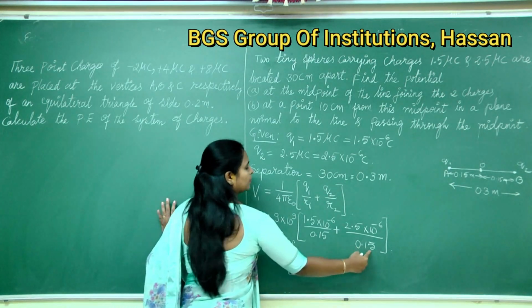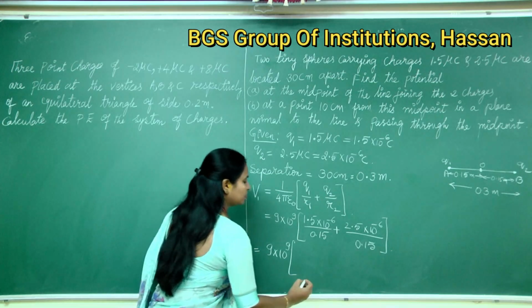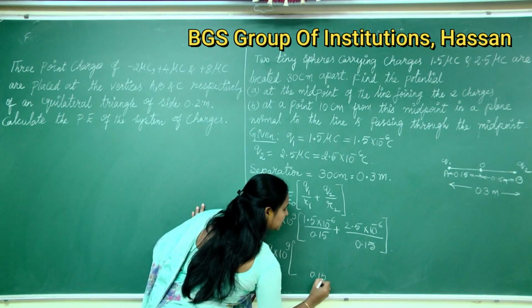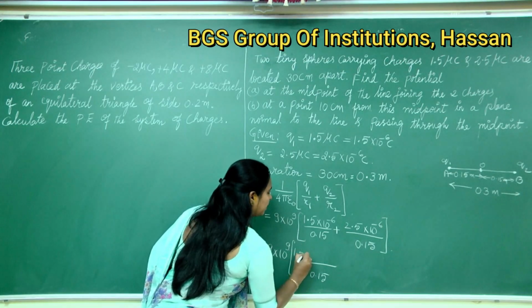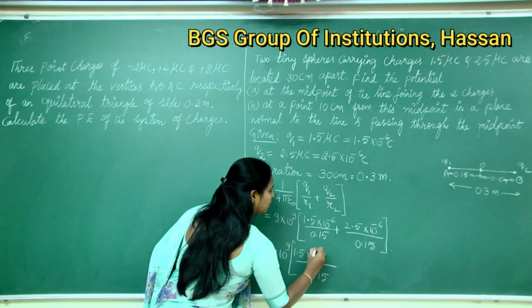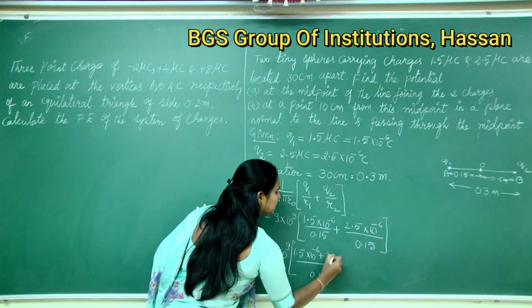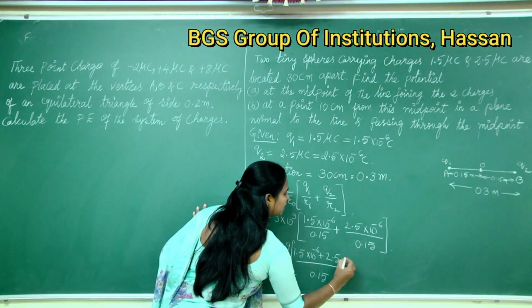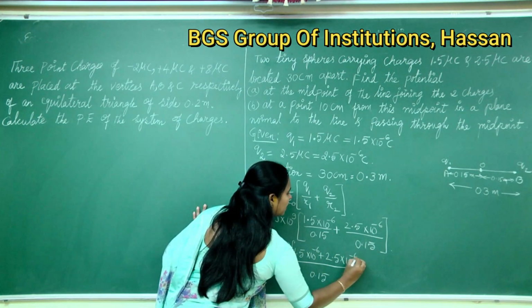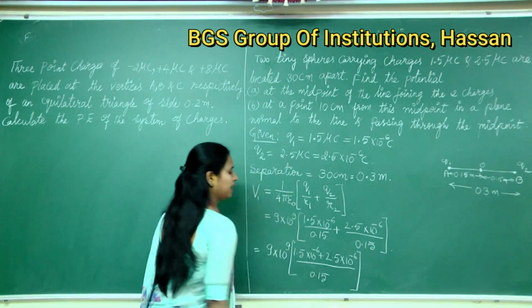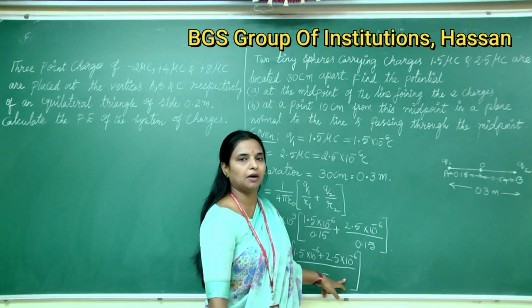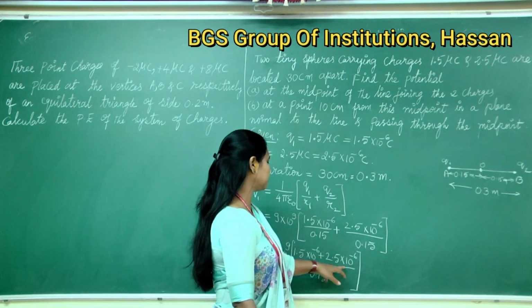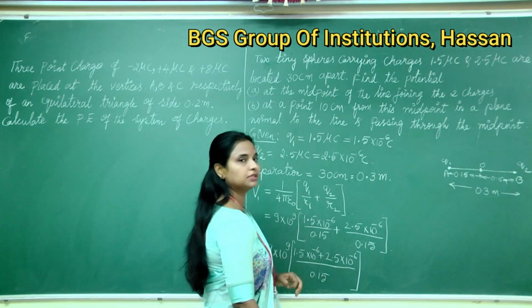So that is equal to 9 into 10 power 9. We have both the distances the same, so we can take 0.15 common. 1.5 into 10 power minus 6 plus 2.5 into 10 power minus 6, and 10 power minus 6 is common, so we can take it as common and add the values directly.